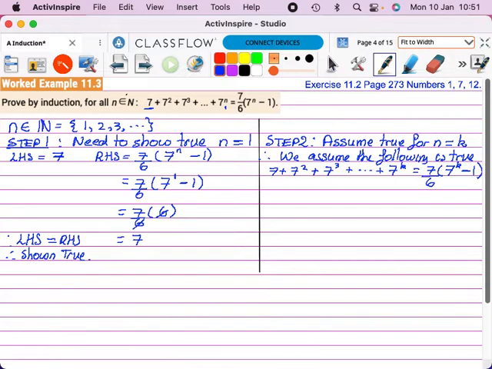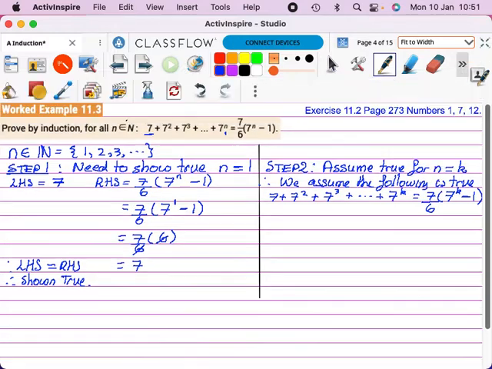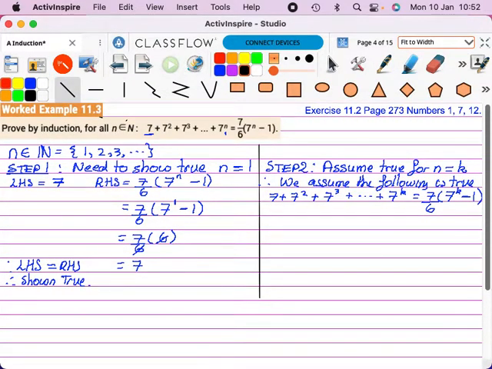We're assuming that is true. That's the end of step 2. That's finished. We now are going to be moving on to step 3.